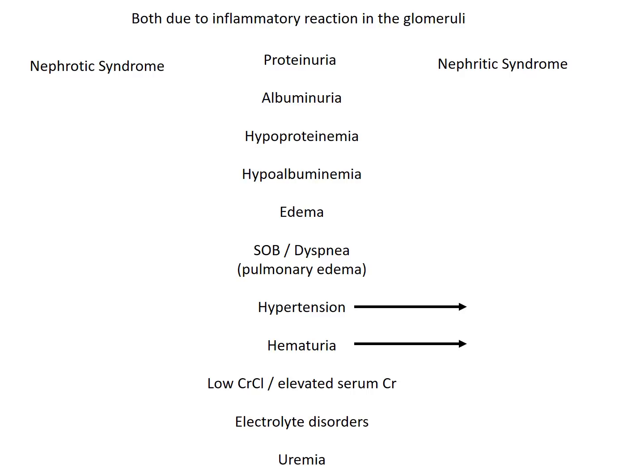Severe hypertension and hematuria are more commonly associated with the nephritic form than the nephrotic form. So all of this can happen in each, but hypertension and hematuria are more likely to be seen in individuals with nephritic type glomerulonephritis.